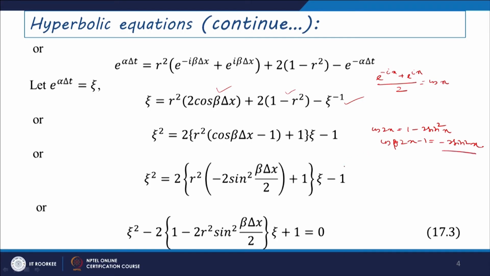So, if we replace cos beta delta x here, it can be written as minus 2 sin square beta delta x by 2 plus 1 into zeta minus 1. So, this can be written as zeta square minus 2 into 1 minus 2 r square sin square beta delta x by 2 whole into zeta plus 1 equals 0.